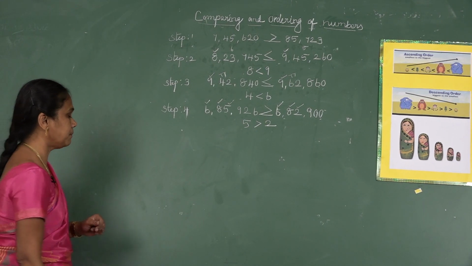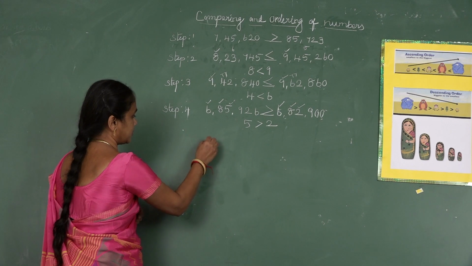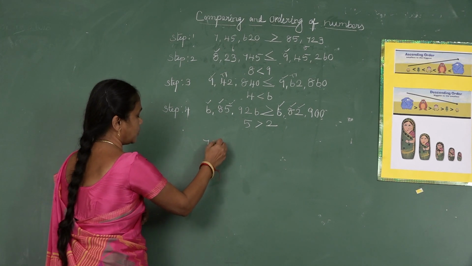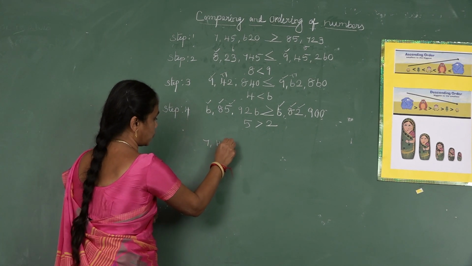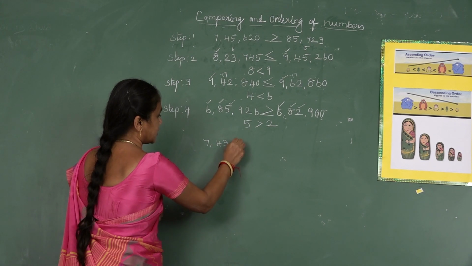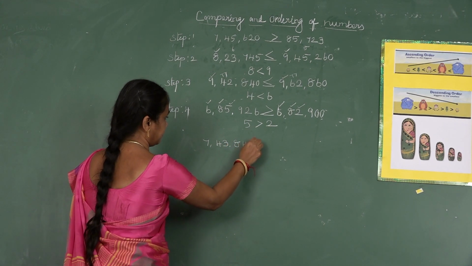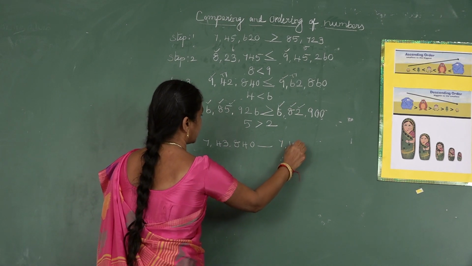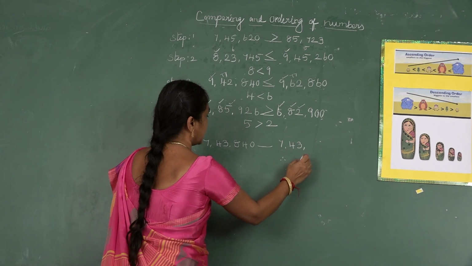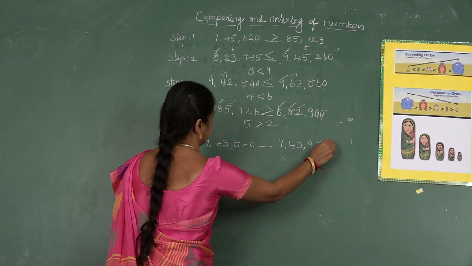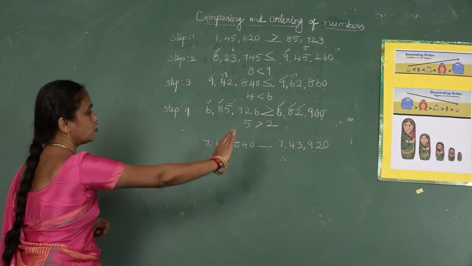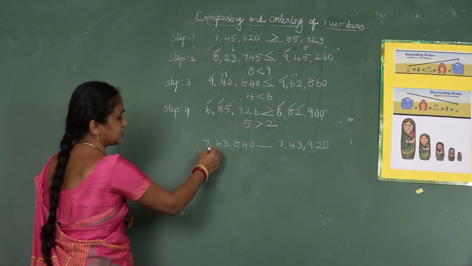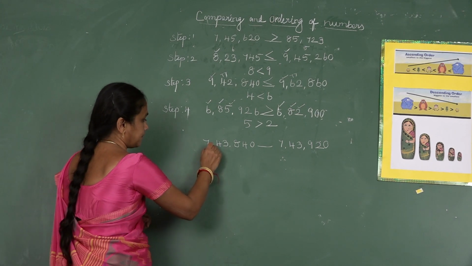For example, 7,43,840 and 7,43,920. In these two numbers, the first three digits are equal.